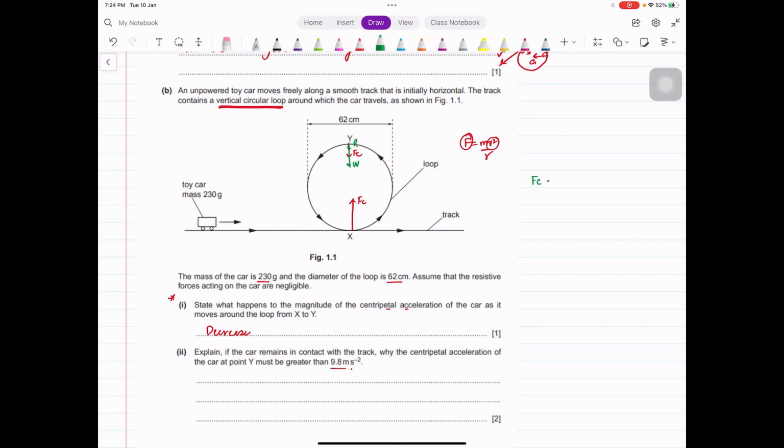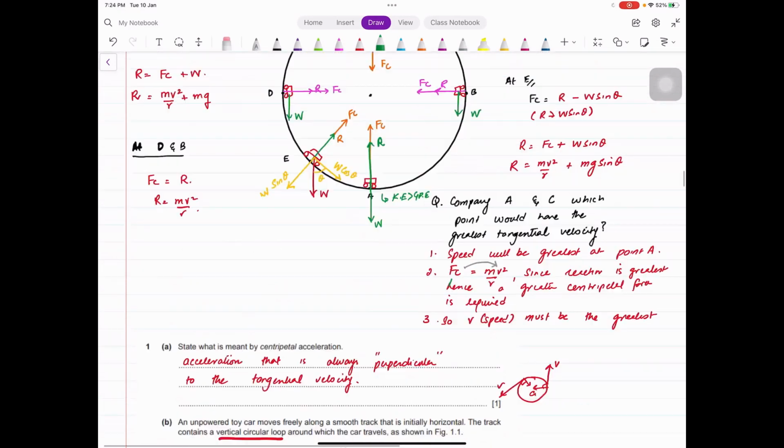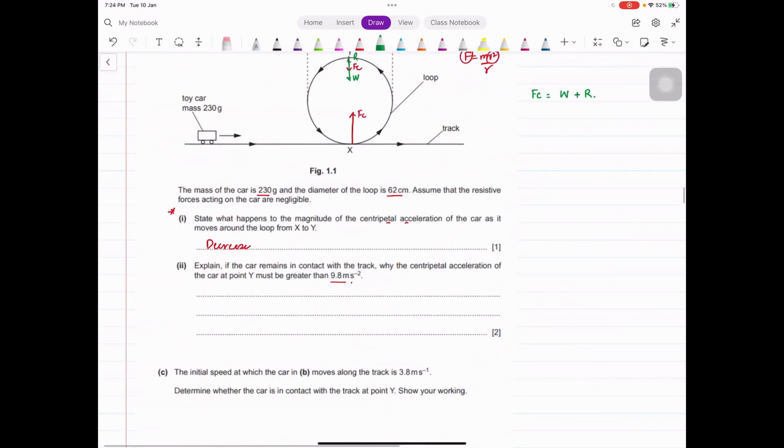The centripetal force is weight plus the reaction in this case, because this is case C, so the reaction force is FC minus W. If FC is mv squared over r, and this is mg, and mv squared over r becomes smaller than mg, or even equal, the reaction will be zero, so it will fall from there. Do you understand what I'm saying?